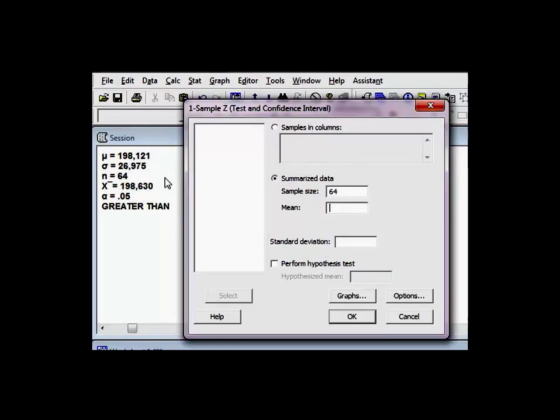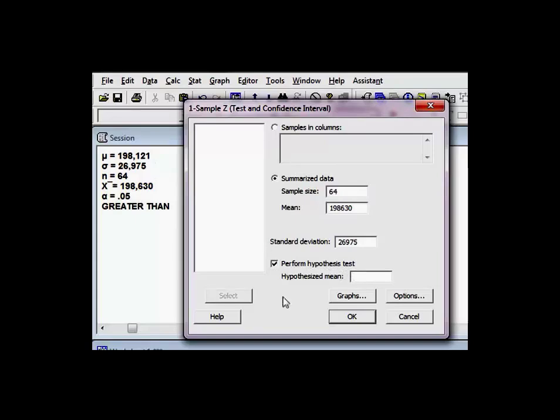So I know that the mean from my survey was 198,630. The standard deviation was given to me as 26,975. And now what I want to do is I want to perform a hypothesis test. So we want to know, what is the hypothesized mean?